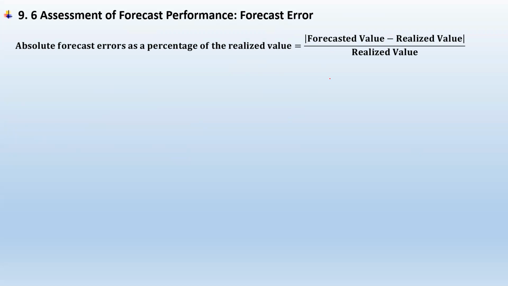This is the definition: it's the forecast value minus the realized value, and we take the absolute value of it. And then we divide by the realized value, so we can represent the forecast errors as a percentage of realized value.